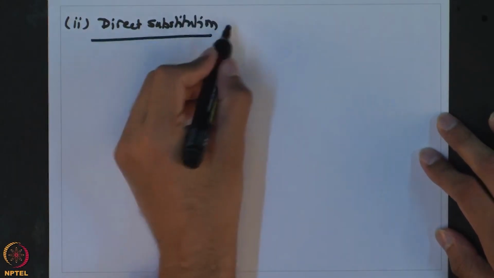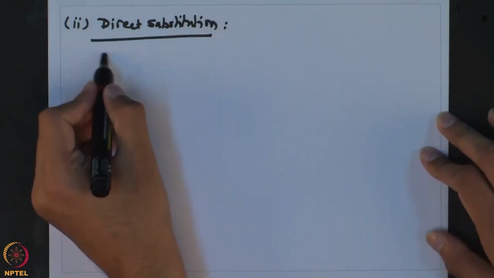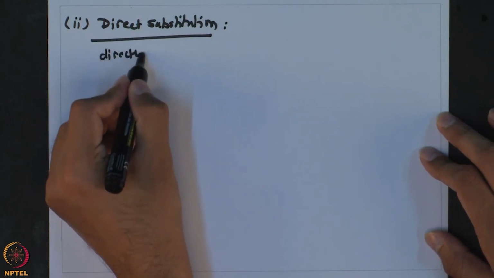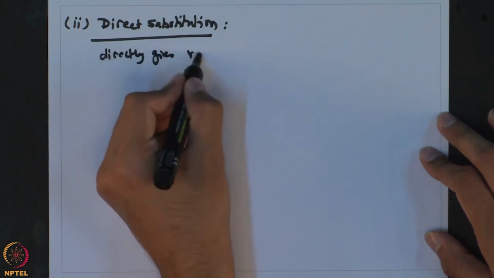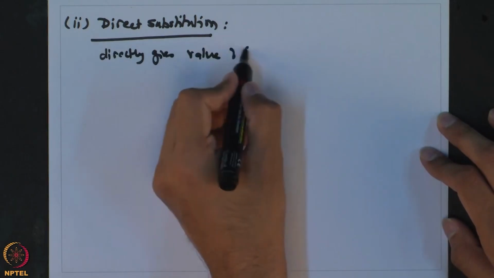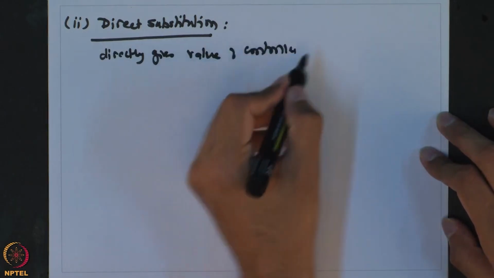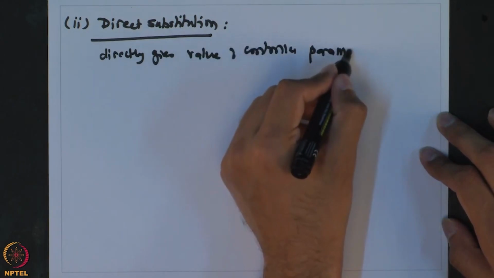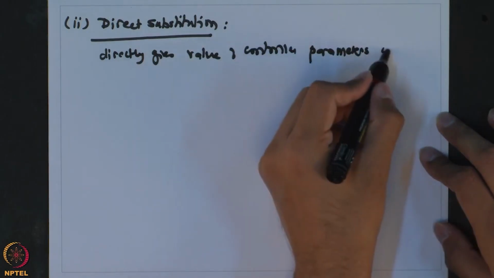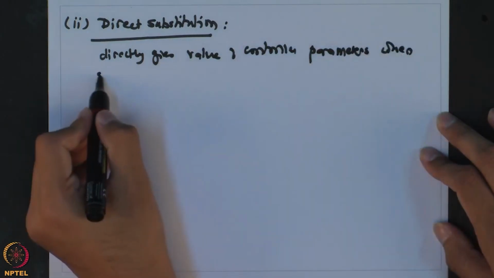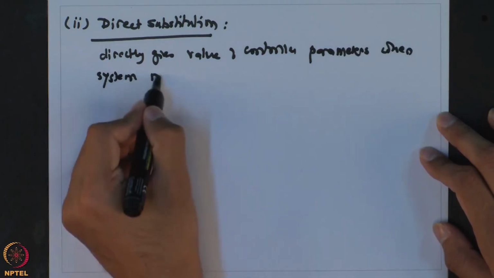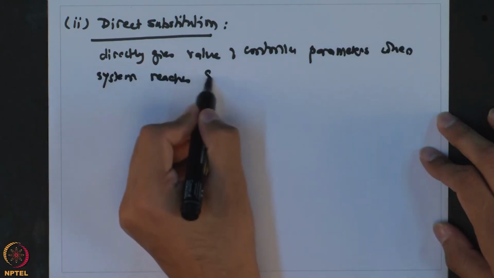So, the direct substitution method directly gives you the value of controller parameters when the system reaches stability limit.